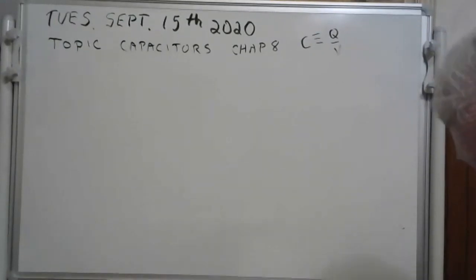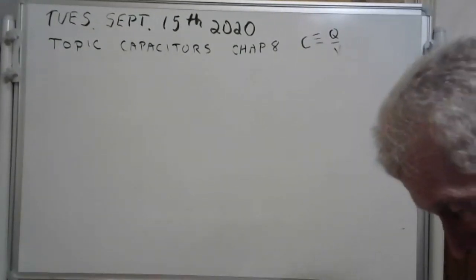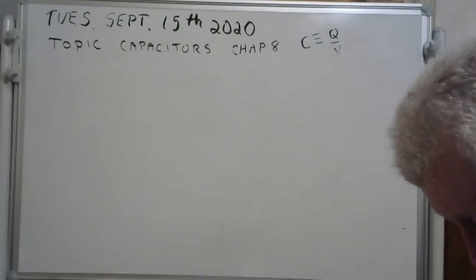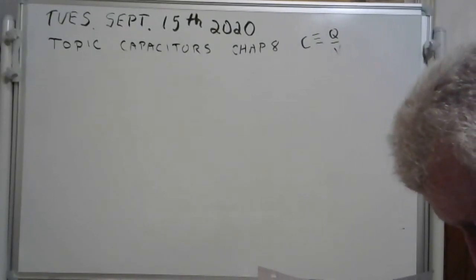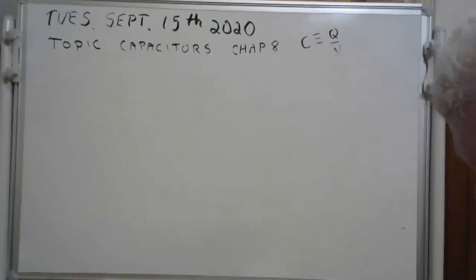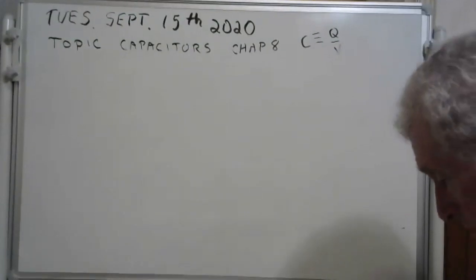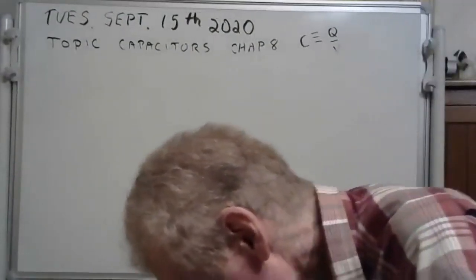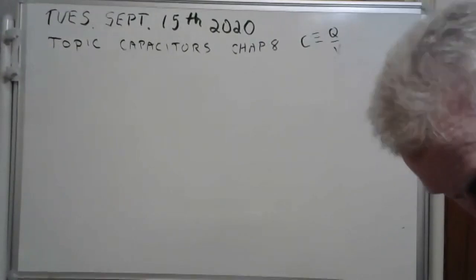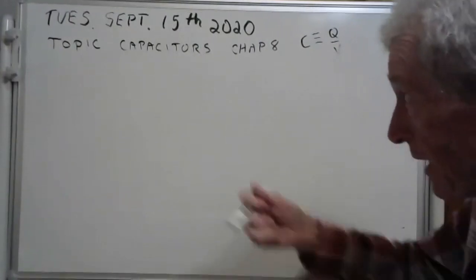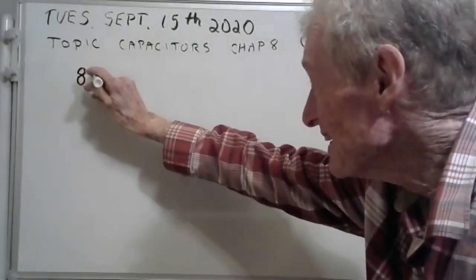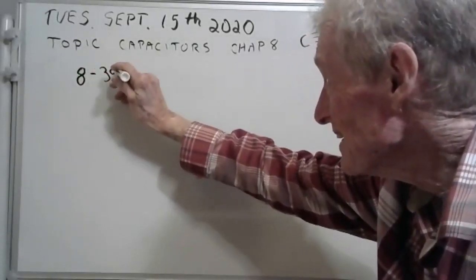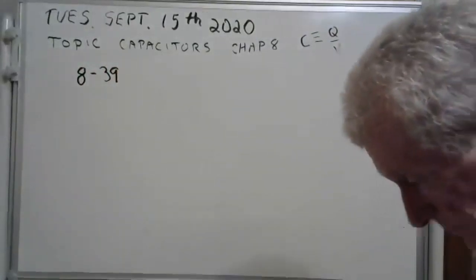All right, we're going to work a problem out of the book here. Now this is 839. Let's do that. Looks kind of hard, actually. But between us, we can do it. 839. Now let me find it.